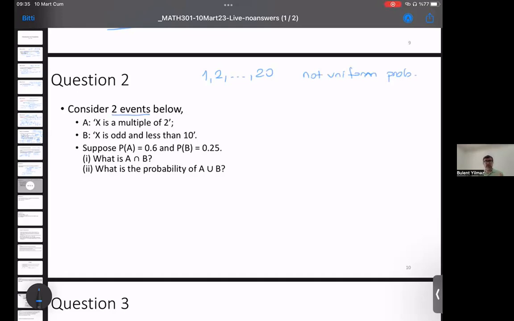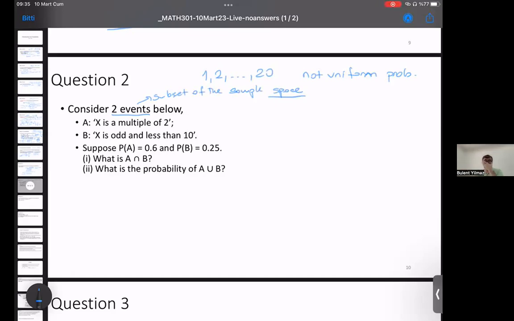What was the definition of events? A subset of the sample space. An event is a subset of the sample space. Okay, X is a multiple of 2.